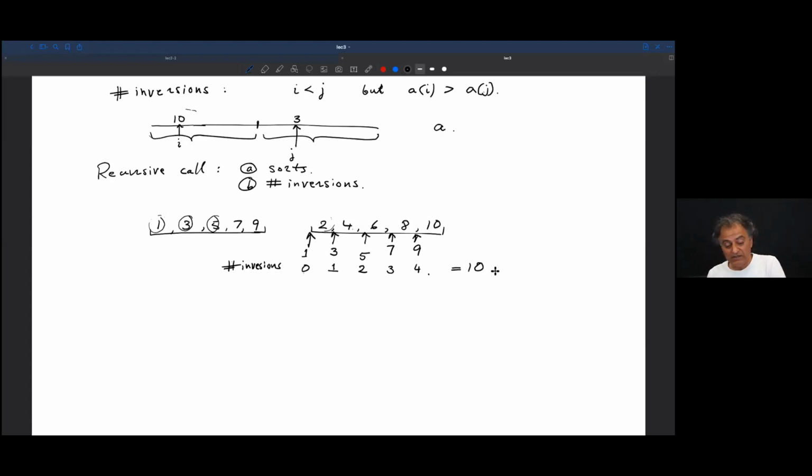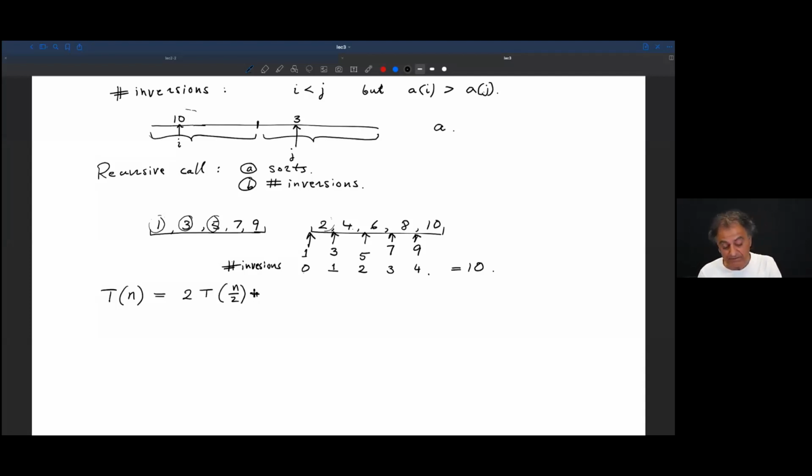Okay. So I claim that this would be great if what we have is an algorithm where we'd get this kind of running time. I'll write out the algorithm in a moment, but what we are aiming for is an algorithm where we split the problem of size n into 2 subproblems of size n over 2.